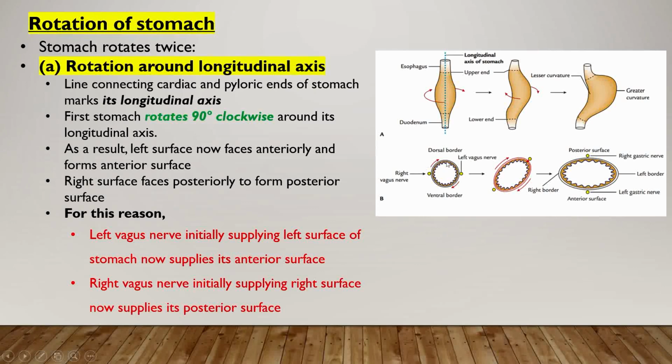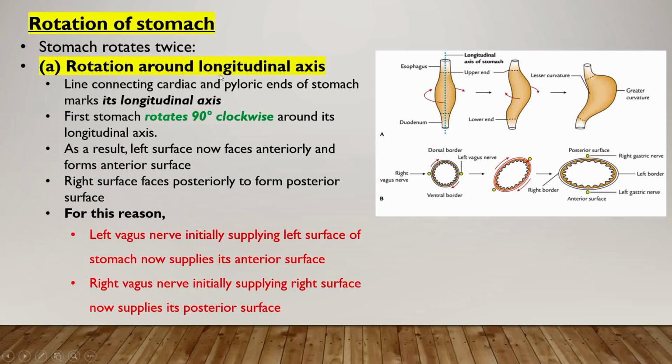Now, because of the rotation, the ventral border has come on the left surface and the dorsal border has come on the right surface. At the same time, the right surface has gone onto the posterior surface, and the left surface has come on the anterior.